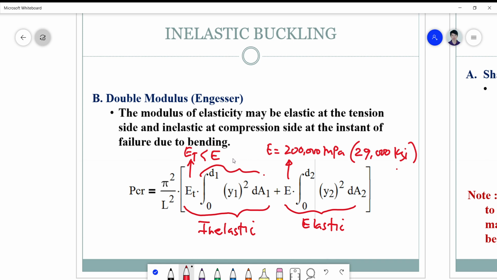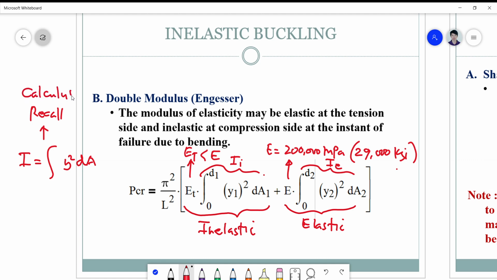So this is the moment of inertia of the inelastic fibers, and this is the moment of inertia of the elastic fibers. Just take a look at your calculus: the moment of inertia is simply the integral of y squared dA. So go back and make a recollection of your definition of moment of inertia in calculus.